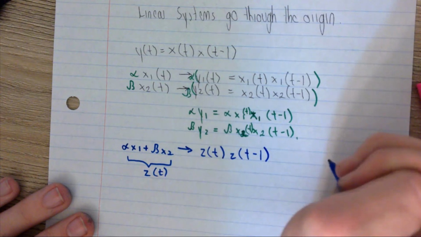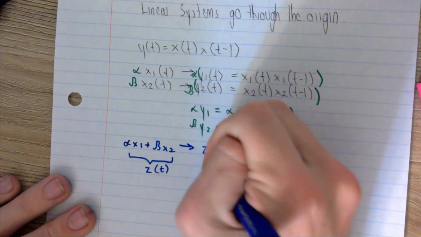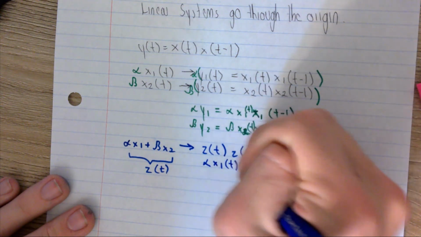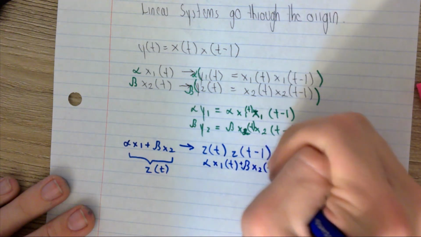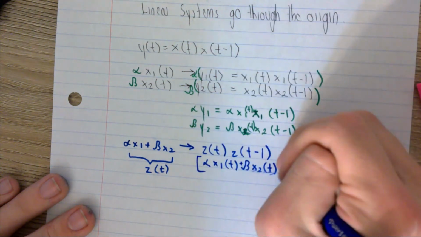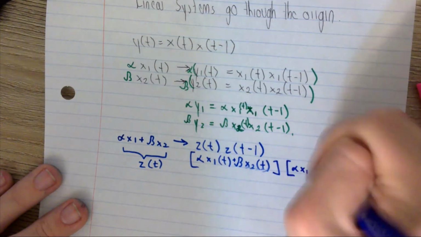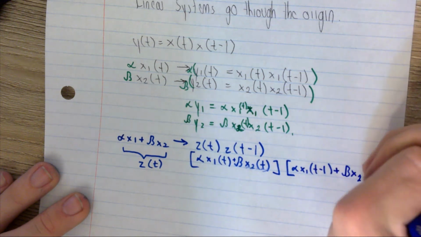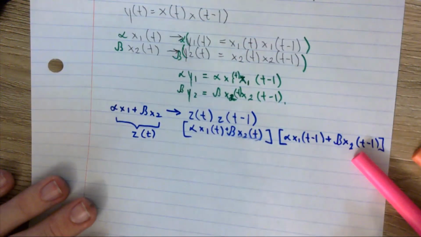Now substitute back in what you have for z of t. That's going to be alpha x1 of t plus beta x2 of t, multiplied by alpha x1 of t minus 1 plus beta x2 of t minus 1. That's what you get as a result for your output here.